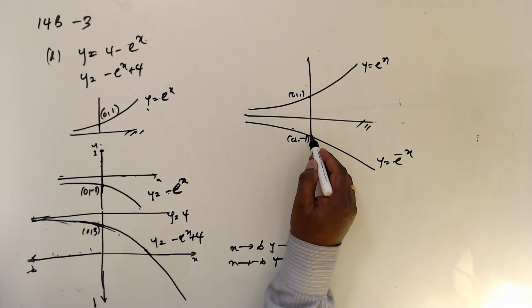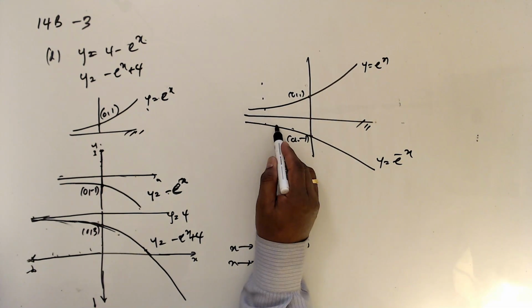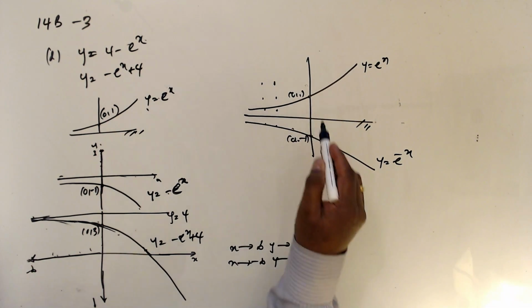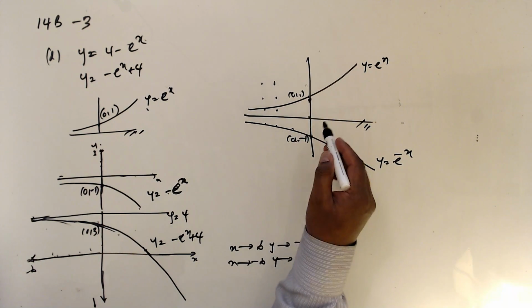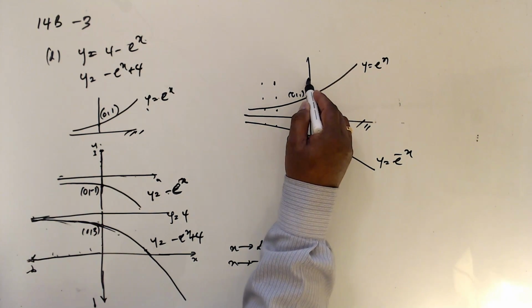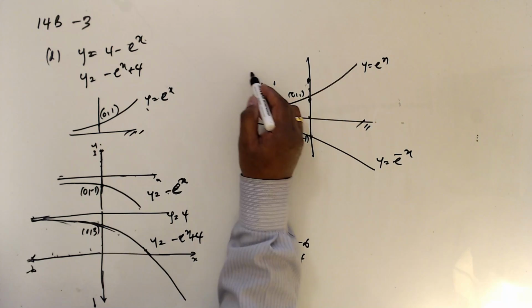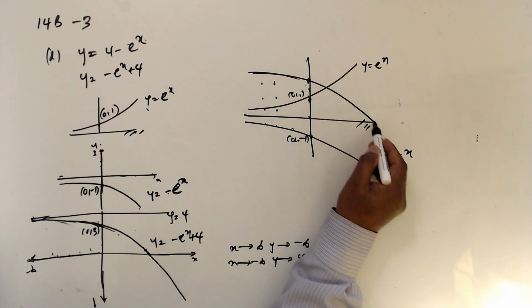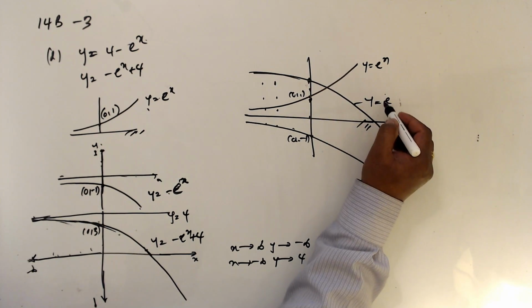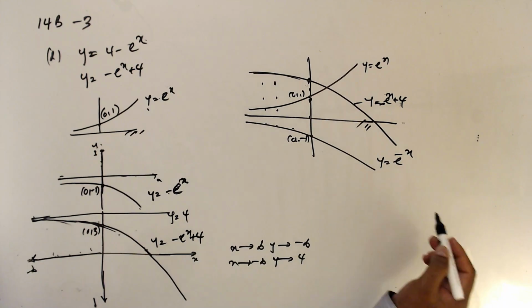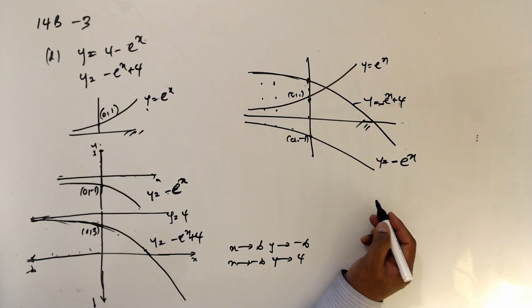When I move 4 units, 1, 2, 3, 4, it's here. So this is the graph y equals minus e to the x plus 4. Sorry, this is the wrong graph. y equals minus e to the x is the mirror reflection.